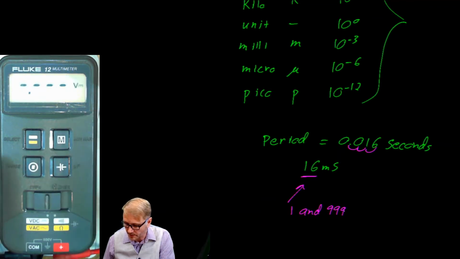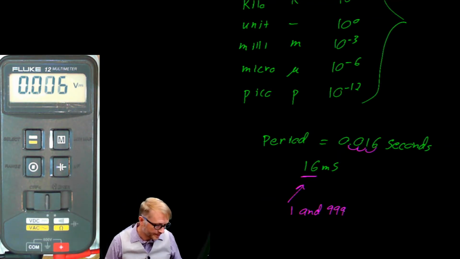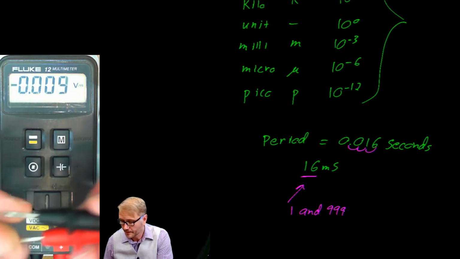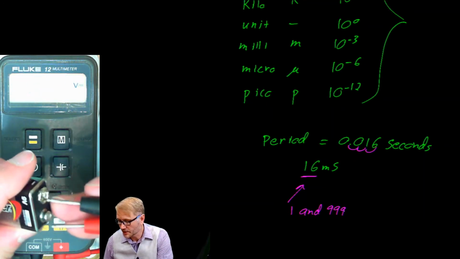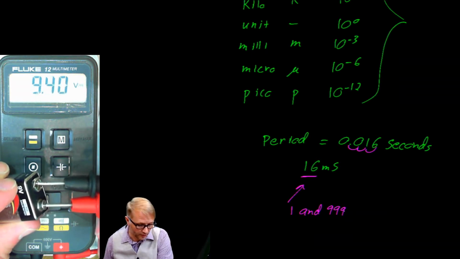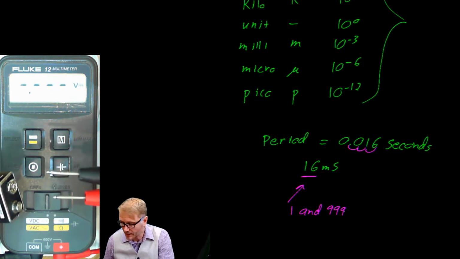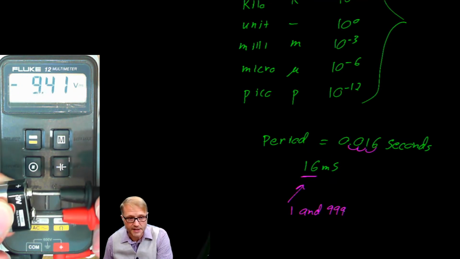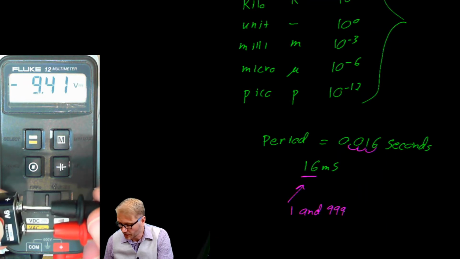So we want to set this up to measure direct current. And we bring the two probes to our battery, and we measure like so. And we'd record that as 9.4 volts. If we were to switch it around, we would record it as a negative 9.41 volts.